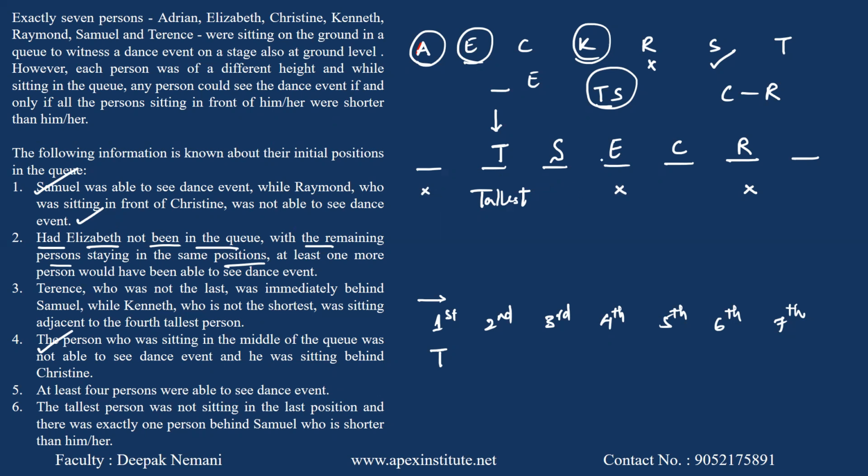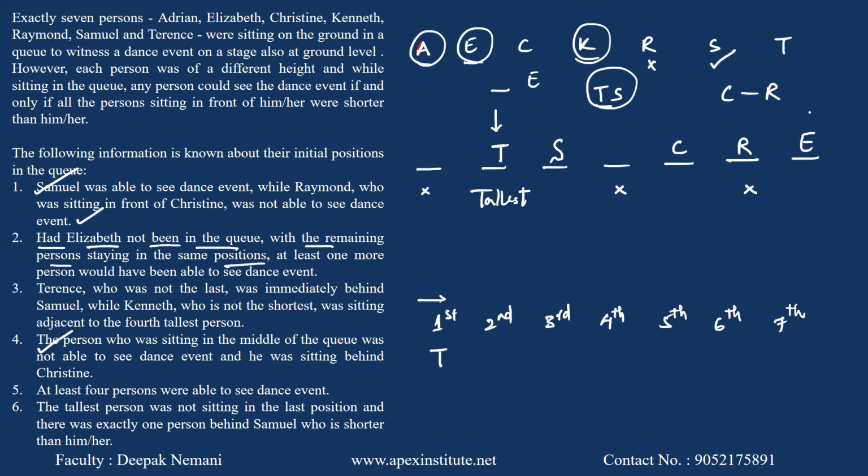Then Samuel should be shorter than Elizabeth. Only if Elizabeth is not here can Samuel watch the dance event. But we are given that Samuel was able to see the dance event, so Elizabeth cannot be here as well. So the only place to accommodate Elizabeth is this.